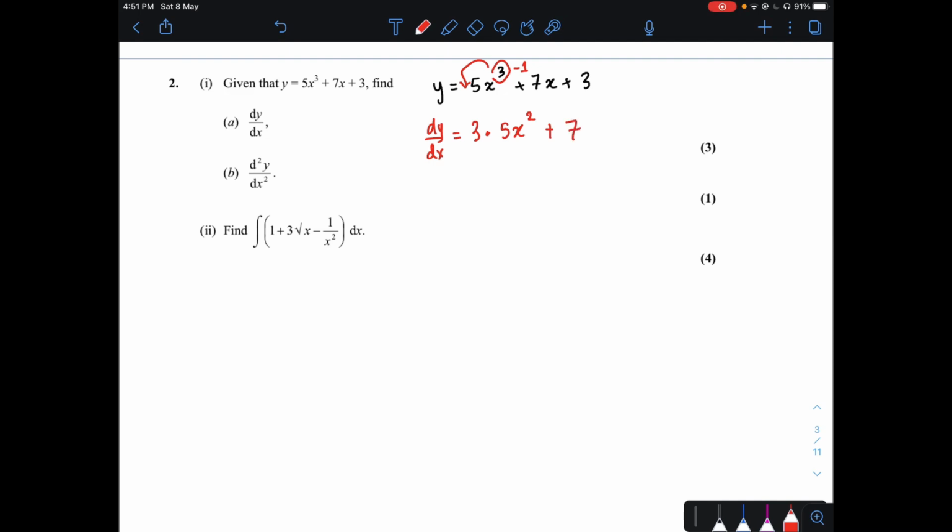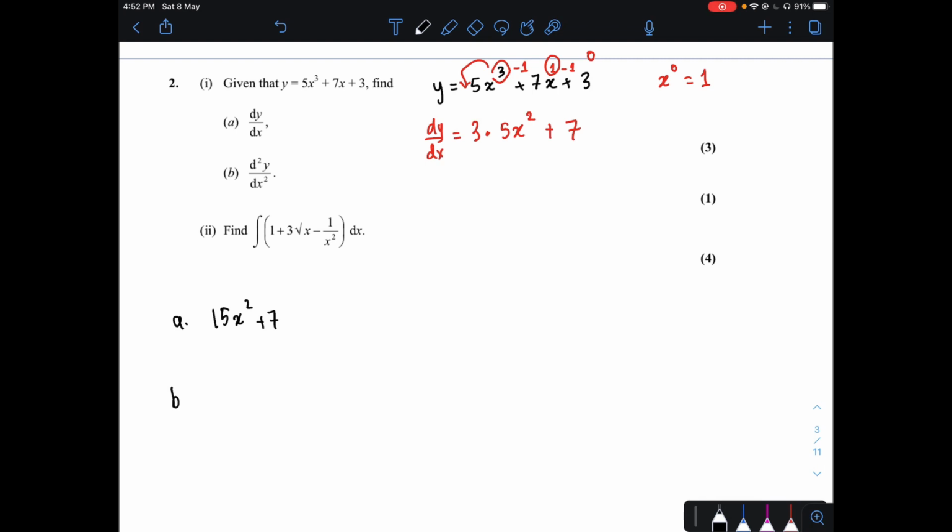Because x is to the power 1, and if we take 1 away from the power, it becomes 0, and anything to the power 0 is 1. We don't do anything with the 3 because it does not have any component of x, so we cannot differentiate it. It's a constant, so it's left alone. So part A is 15x squared plus 7.